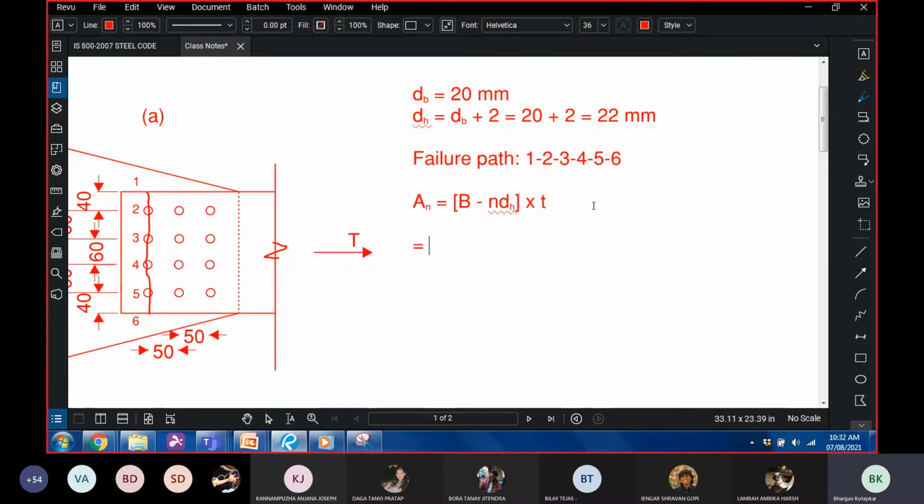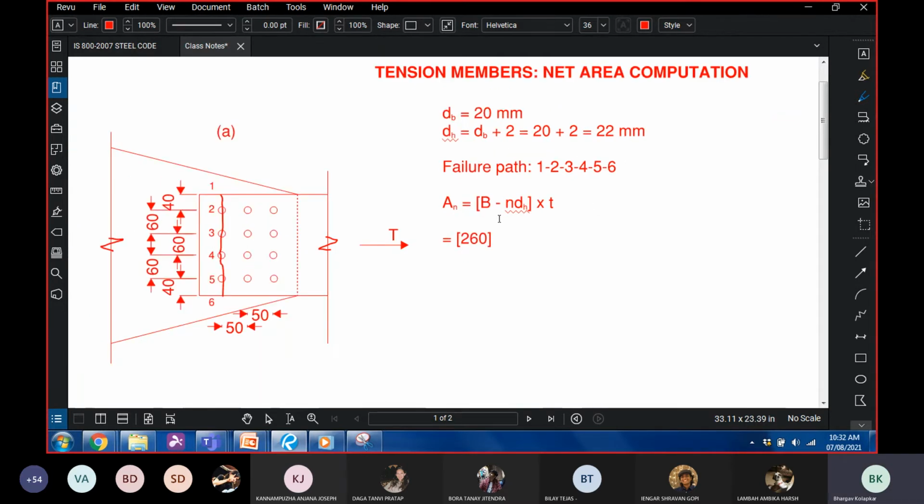Along this path, our width is 260, which is given in the question, and also 60 times 3 plus 40 times 2 is 260, minus n. Number of bolts is 1, 2, 3, 4. There are 4 bolts, so 4 into the diameter of each bolt hole, 22, and the thickness is 10, given in the question.